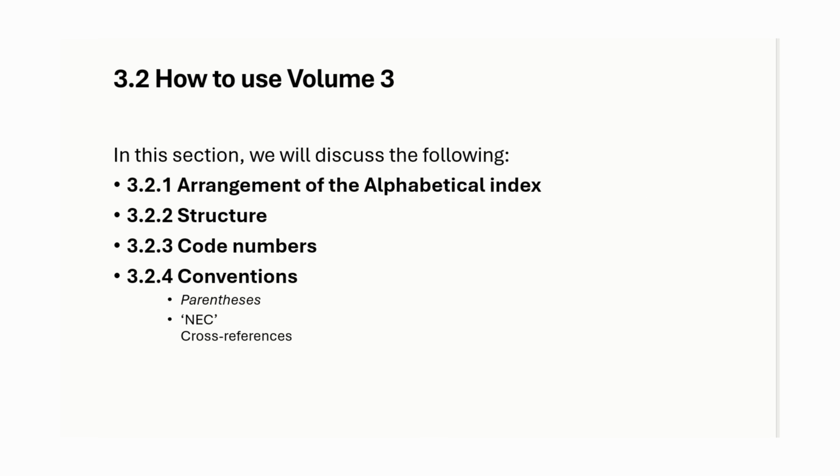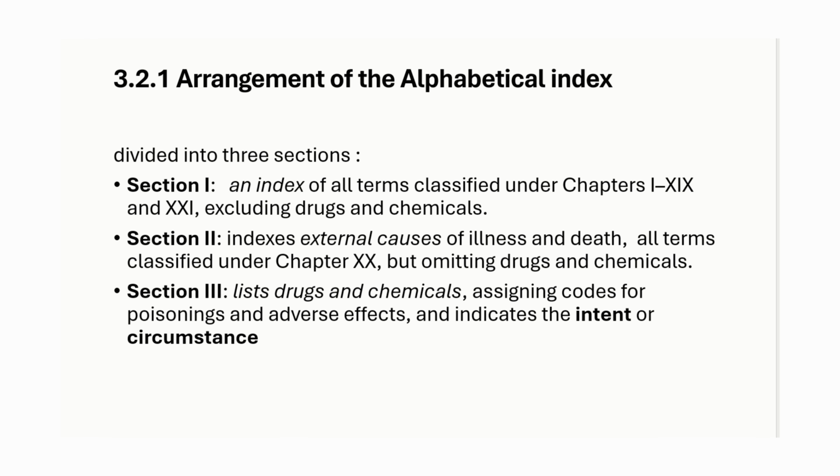Now let's look at how to use the volumes. Let's talk about the arrangement of volume 3, the alphabetical index: structure, code numbers, and conventions. The alphabetical index, that is volume 3, is divided into 3 sections. The first section is the index of all terms from chapter 1 to chapter 19 and 21.